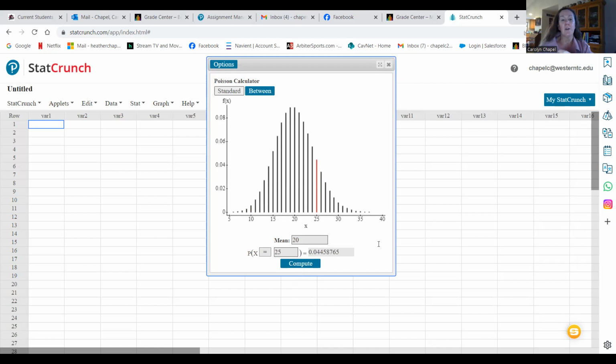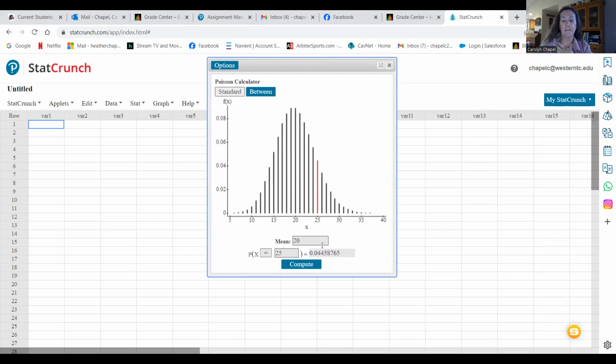And again, if we had really large values, there are some things we can do. We aren't going to go into it in this course. We can use that bell curve again to approximate some of our pieces. But you'll notice here I got that x equal to 25, and I get that 0.044588765.